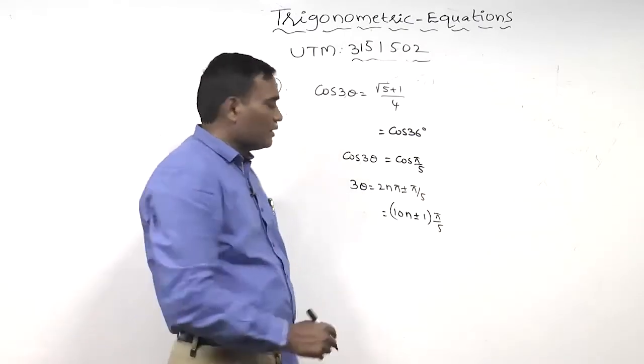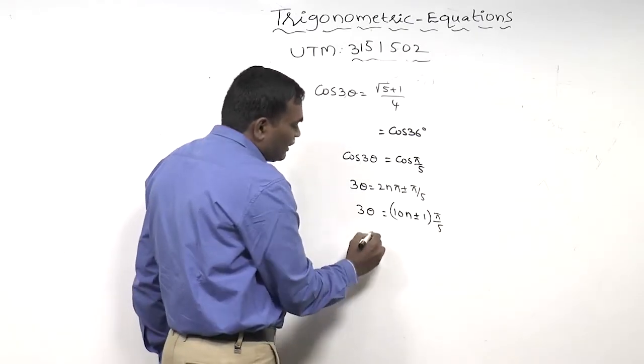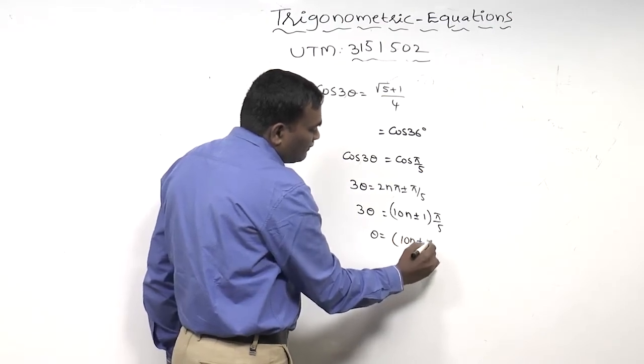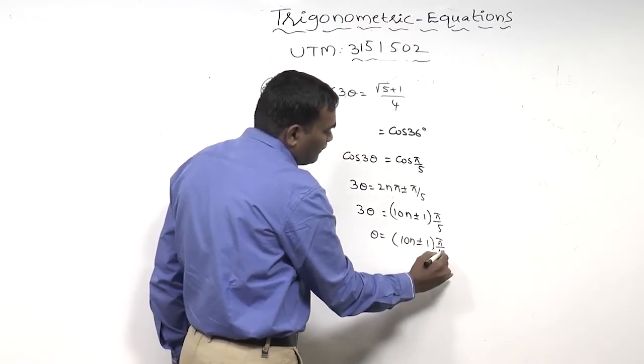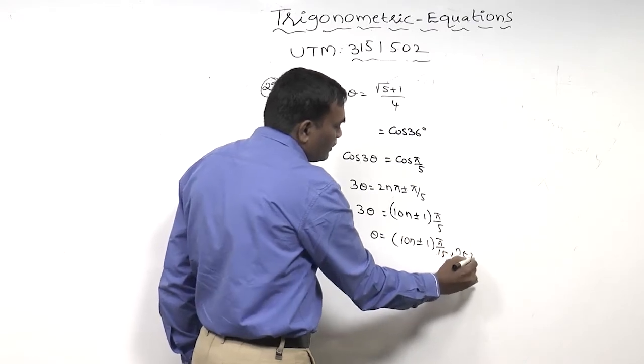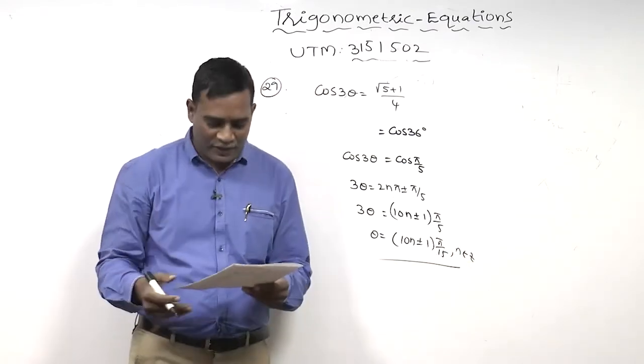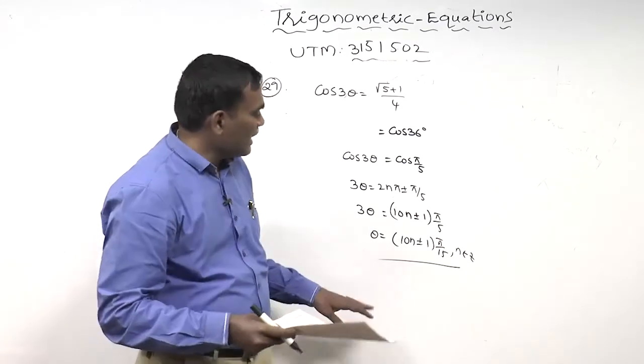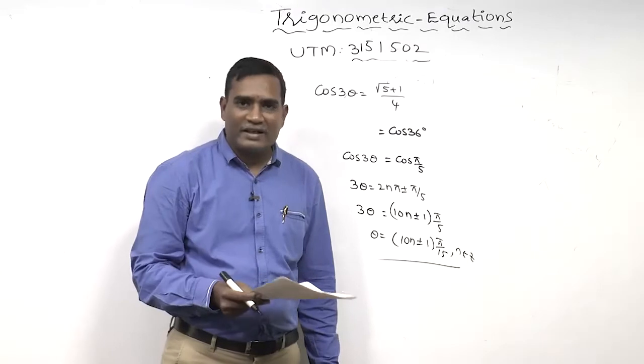That's it. 3 theta is equal to this, but I want theta. Theta is equal to 10n plus or minus 1 into pi by 15, n belongs to Z. That is there in which option? 10n plus 1 into pi by 15. Answer is the second option.